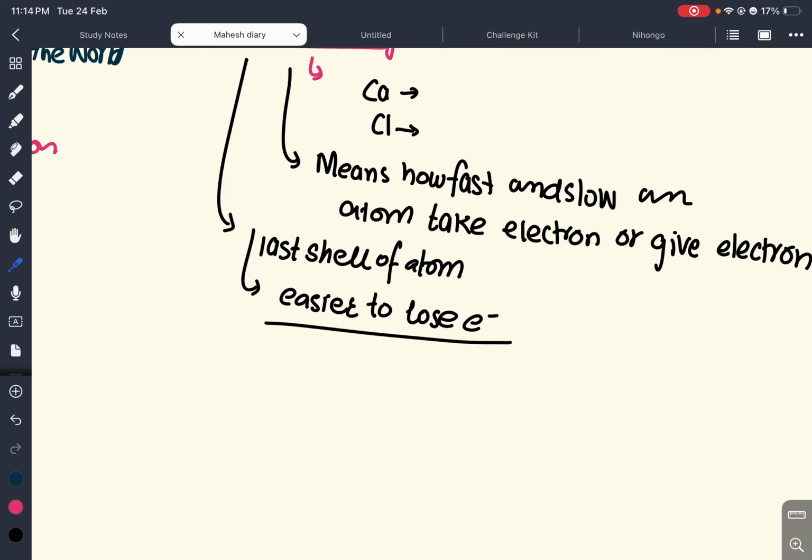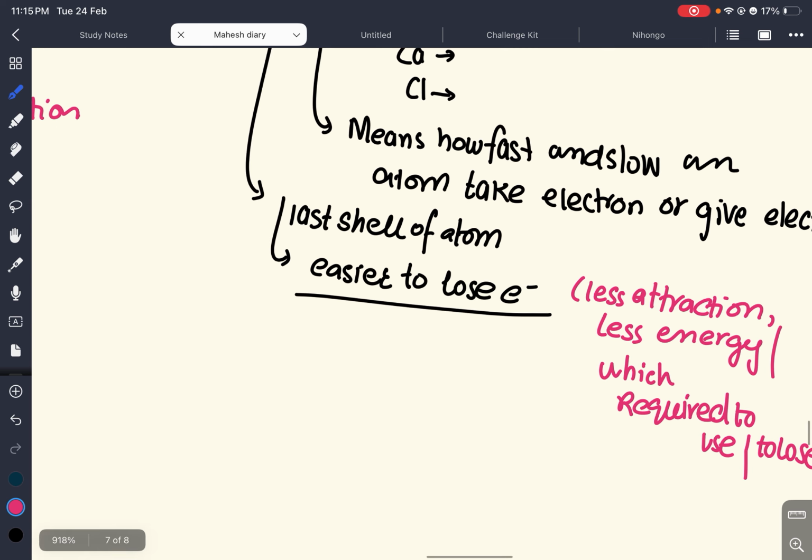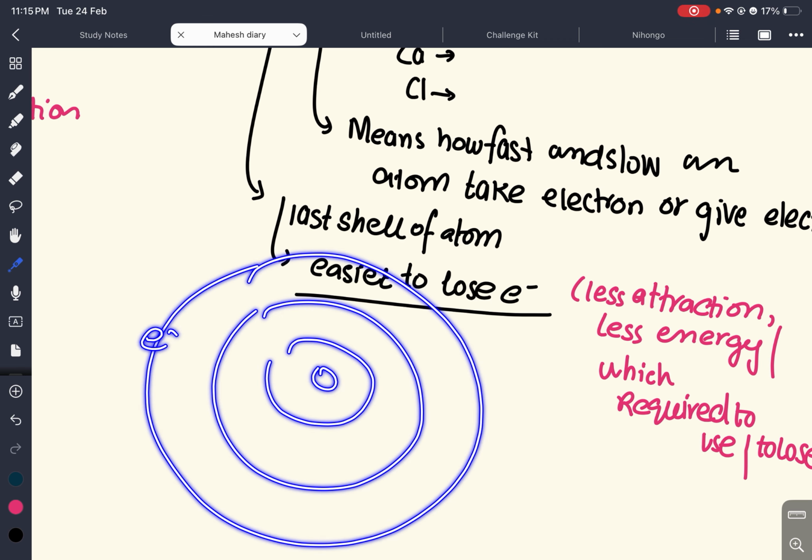So it is very easy to lose the electron, which means it has less attraction, or less energy required to lose it. If the electron is quite far away from the nucleus, it has less attraction, so it's easier to lose.